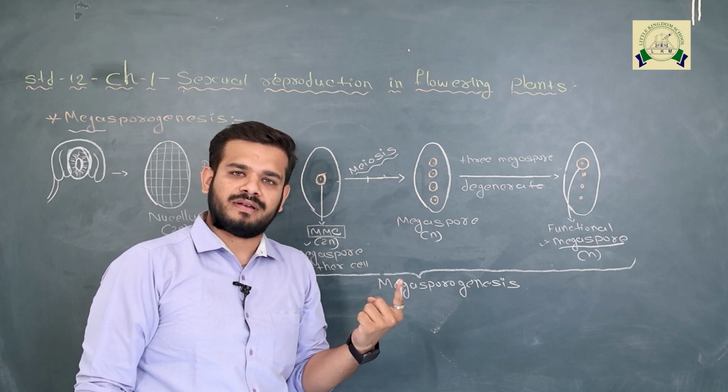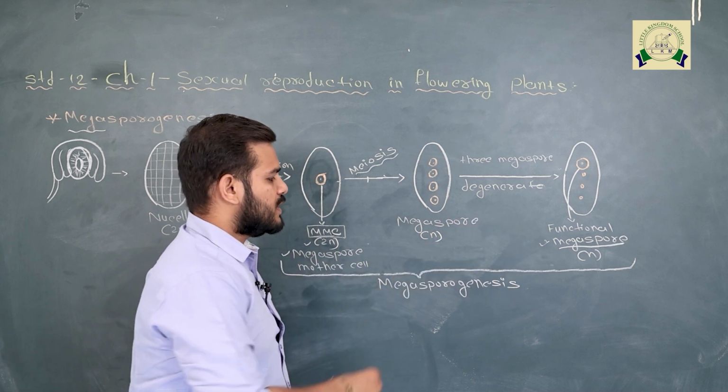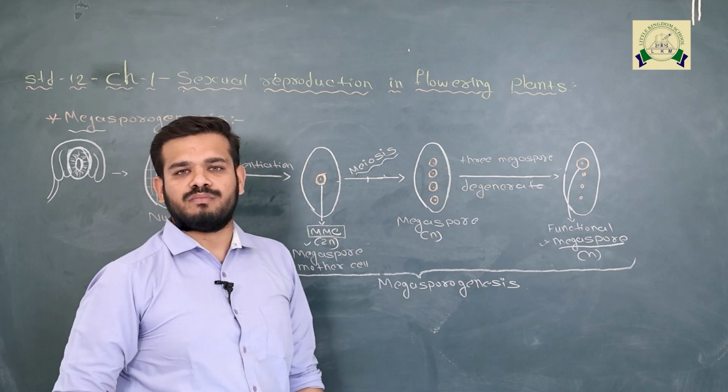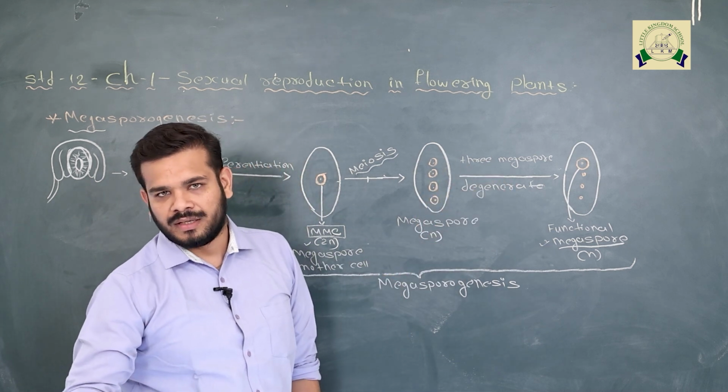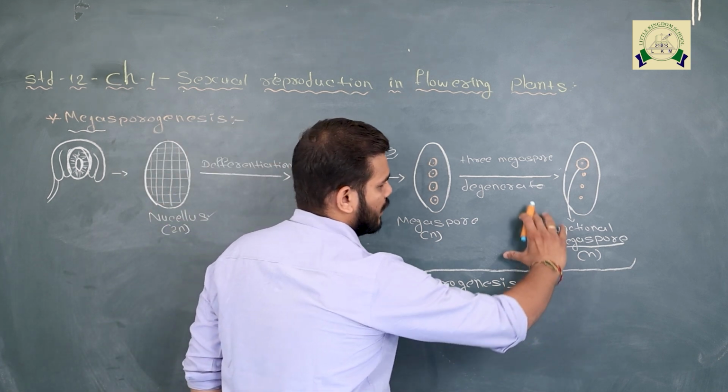Mono means 1. Clear? So here we have only 1 functional megaspore. So this kind of development is known as monosporic development. Clear? So let's move forward.